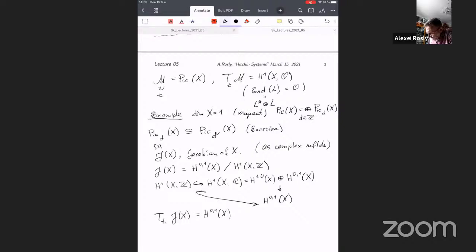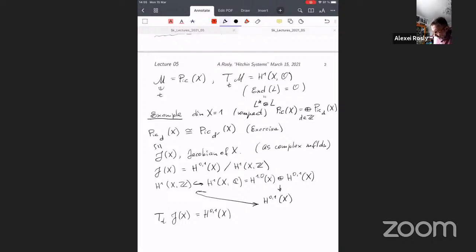Yes, it is, because look, the integral cohomology is embedded into the real part of the complex cohomology group. So it's like a diagonal here. Therefore, it projects in a one-to-one way. Correct question. Okay.